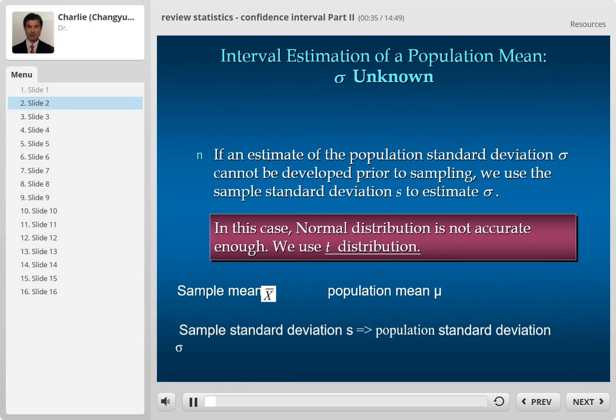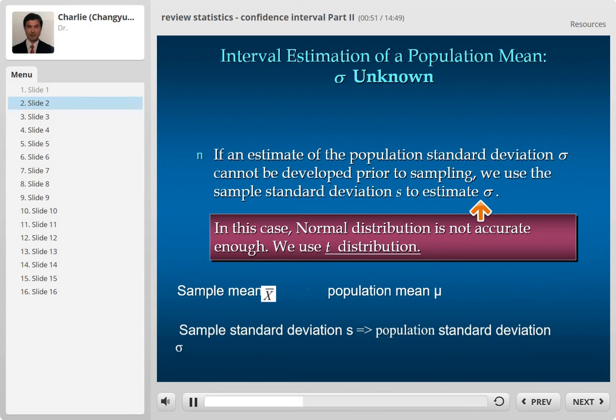When we do not know the population standard deviation sigma, we use sample standard deviation S to estimate sigma. Now we're doing two estimations at the same time.